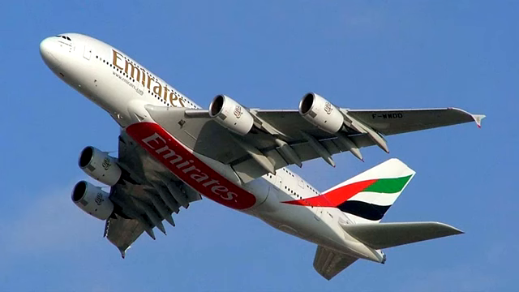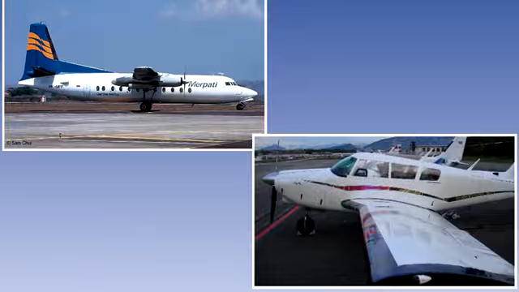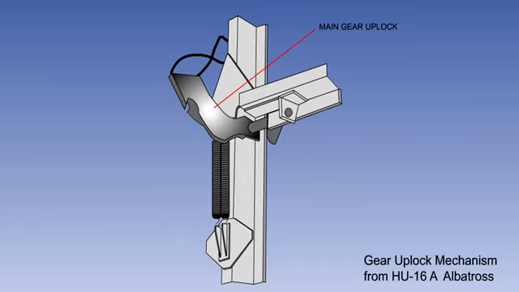Operating power is normally provided by a hydraulic system, but pneumatic or, on some small airplanes, electrical systems are sometimes used. A retractable landing gear is provided with mechanical locks to ensure that each leg is locked securely in the up or down position.